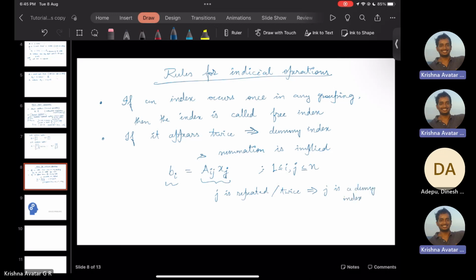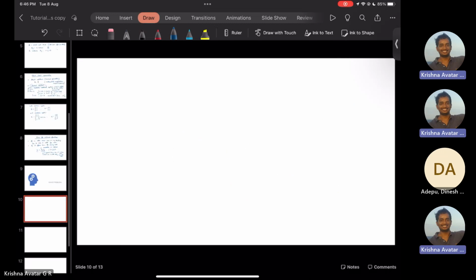And what we see is that i occurs once on both sides. So this implies that i is a free index. Now let's explore this a bit further. What does it actually imply?